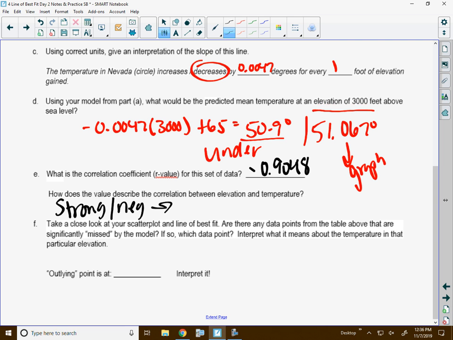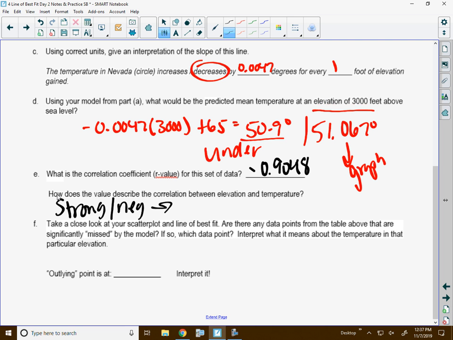In terms of elevation and temperature, what does that mean? What does it mean that it's strong and negative in terms of elevation and temperature? Does the elevation affect the temperature? Yes. Right? Very closely, because it's strong, but it says it's negative. So what does that mean?